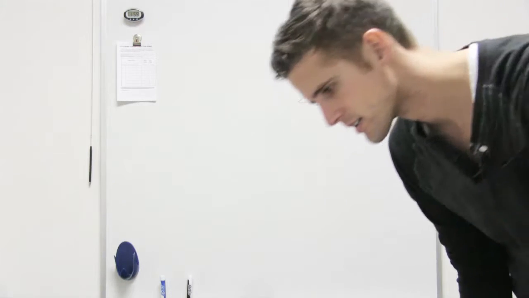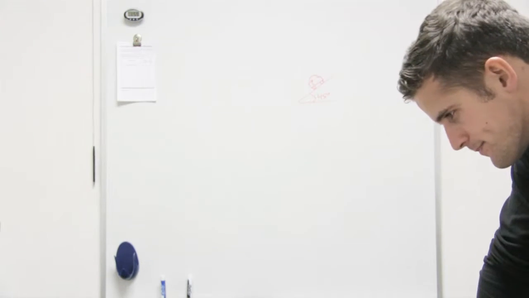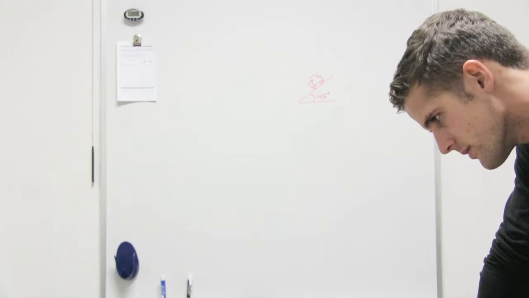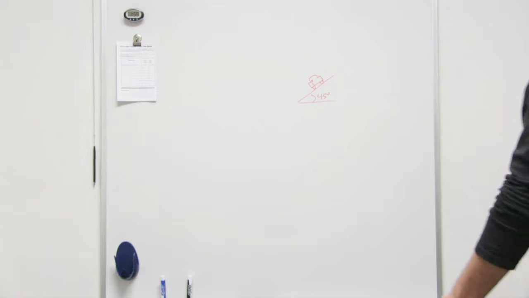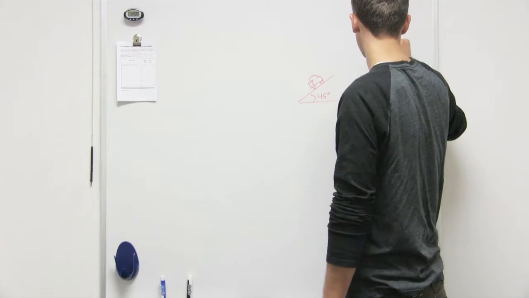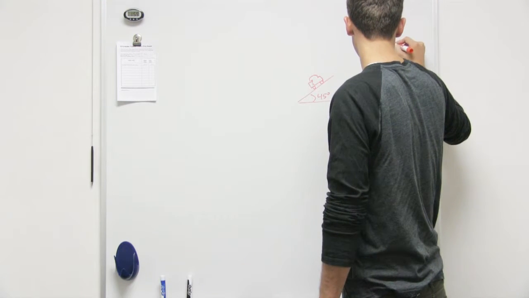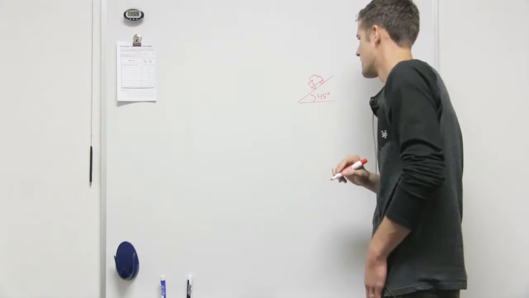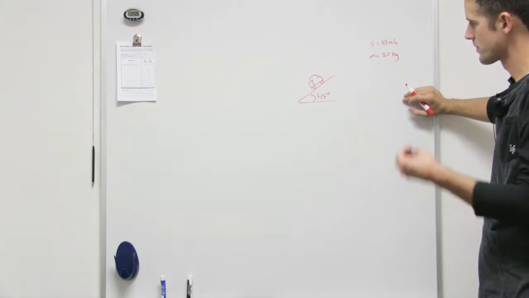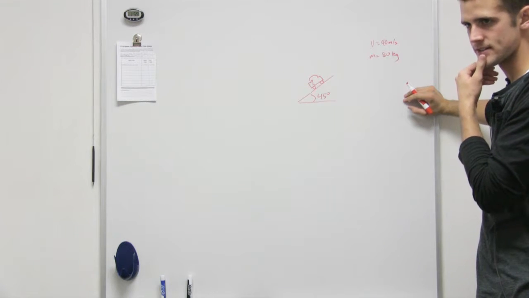So let's see here. What does it tell you? The car travels 40 meters per second. So he's going 40 meters per second. The mass of the driver is 80 kilograms. Is he going to have an acceleration?